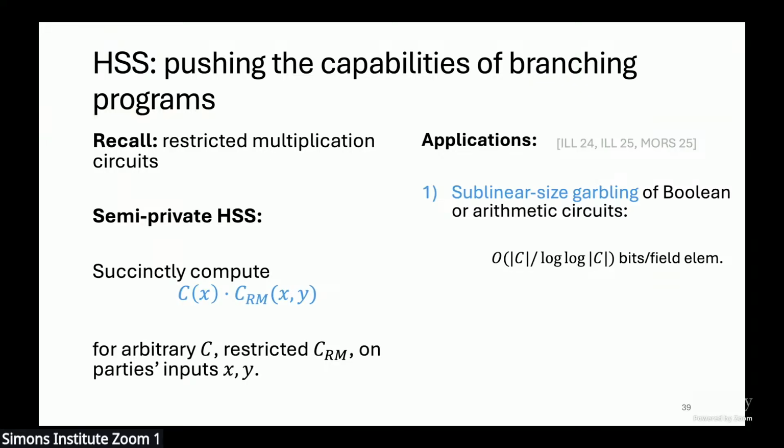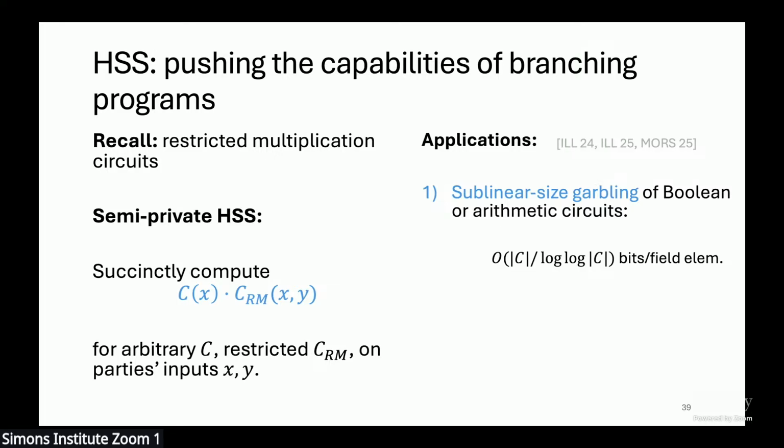With this very recent line of work, a couple of papers from the end of last year and the beginning of this year, you can get sublinear sized garbled circuits for Boolean circuits or arithmetic circuits, with asymptotic complexity saving a log-log factor in the circuit size in the number of bits, or for arithmetic circuits, the number of field elements or ring elements communicated for the garbled circuit.